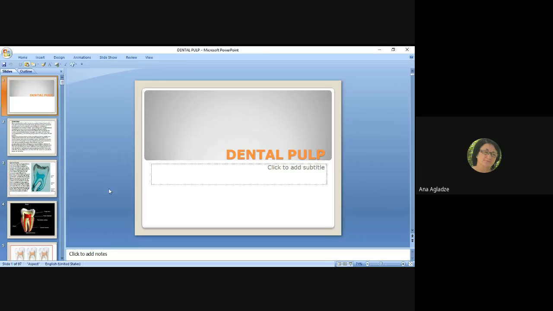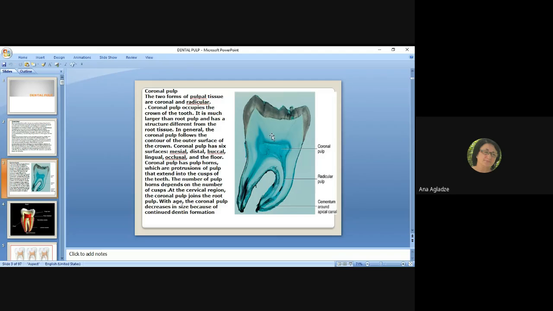Let's see this picture. Yes, you see the dental pulp. It has crown and radicular parts, crown and radicular pulps. You know that pulp is delicate, specialized connective tissue which contains thin walled blood vessels, nerves, nerve endings, which are enclosed within dentin.